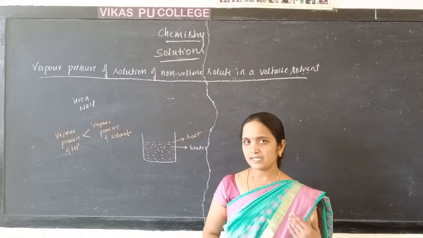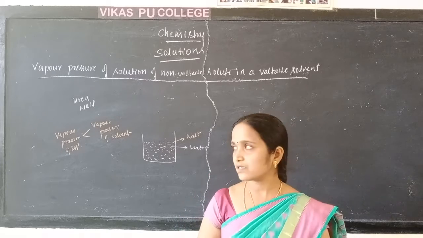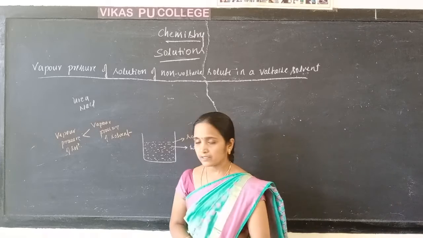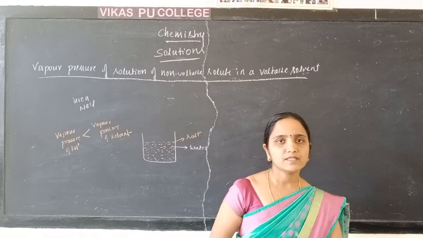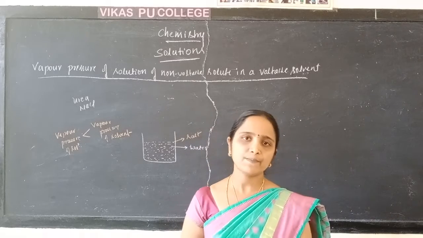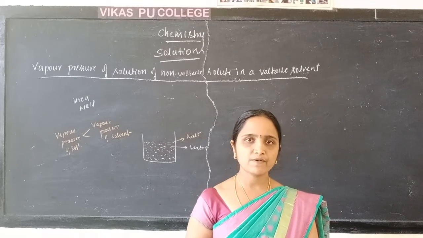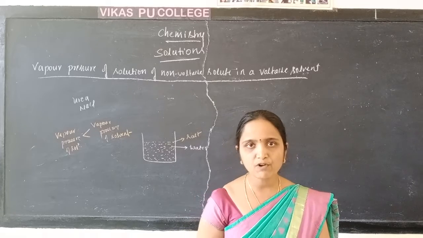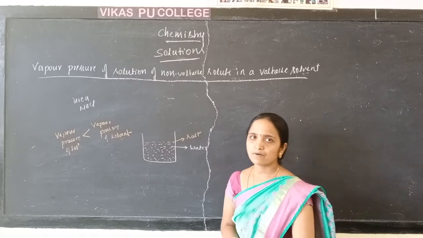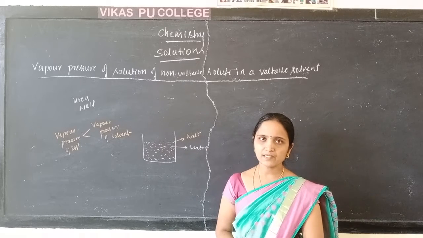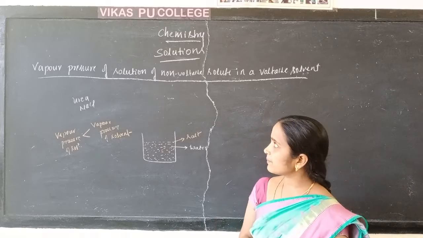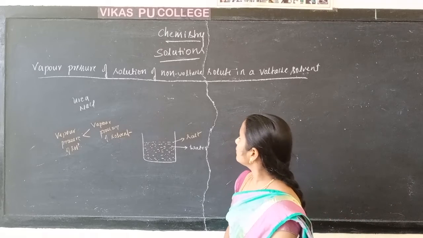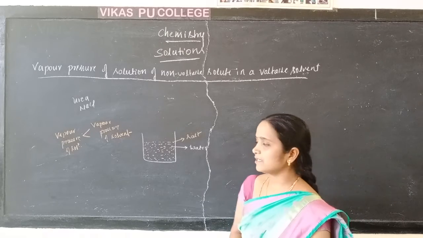This is stated in Raoult's law. This explanation is given by Raoult's law: the relative lowering of vapor pressure is equal to the mole fraction of the solute. This is about the vapor pressure of a solution of a non-volatile solute in a volatile solvent.